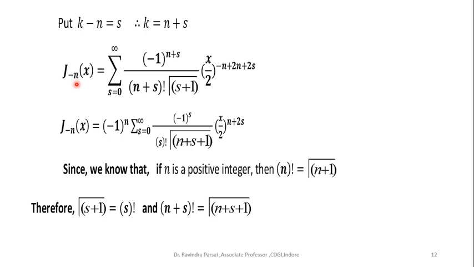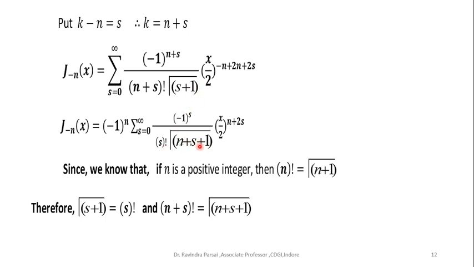You will get J of minus n of x equals sigma s equals 0 to infinity, minus 1 raised to n plus s, upon gamma of s plus 1 gamma of n plus s plus 1, x upon 2 raised to n plus 2s. So now separating minus 1 raised to n, we get sigma s equals 0 to infinity, minus 1 raised to s upon factorial of s into gamma of n plus s plus 1.